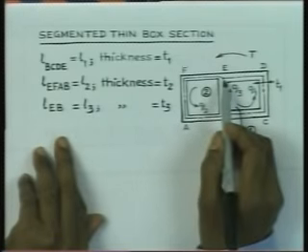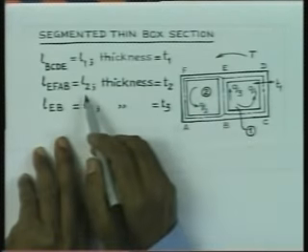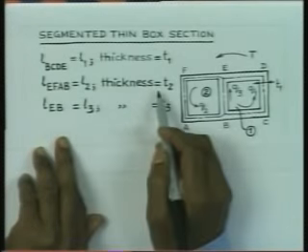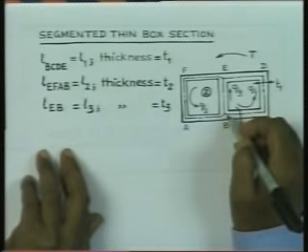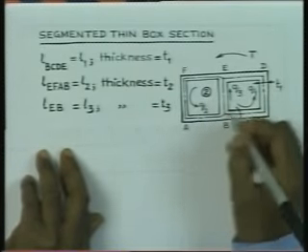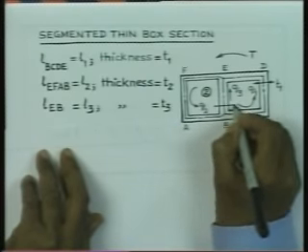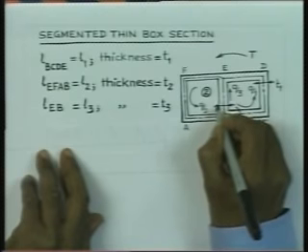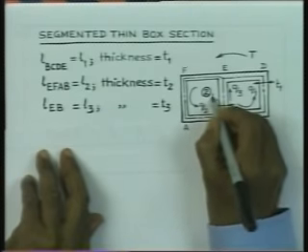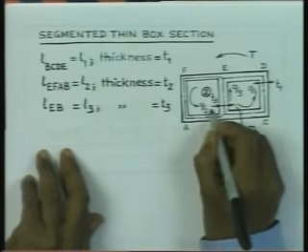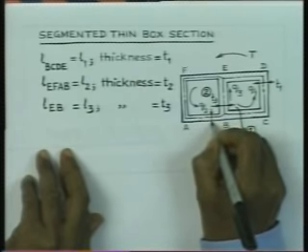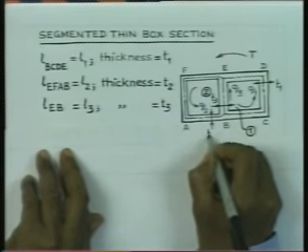Similarly, EFAB is of length L2 and thickness is T2, and this arm EB is of length L3 and the thickness is equal to, let us say, that is T3, and this thickness is equal to T2.